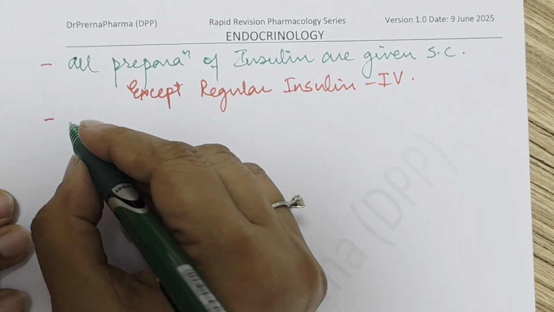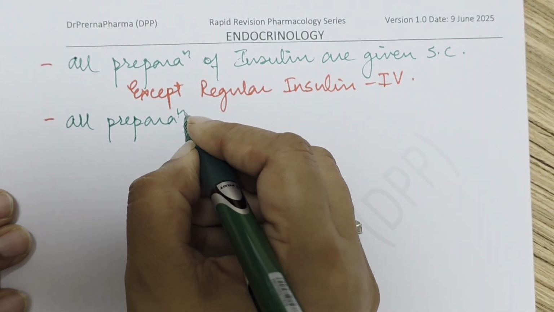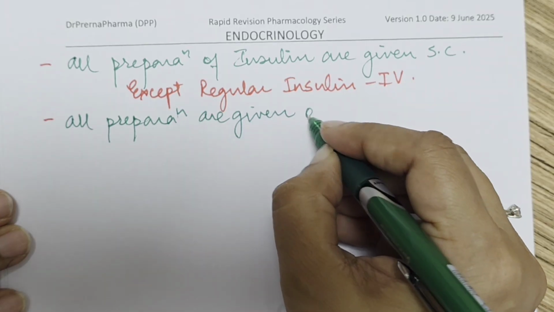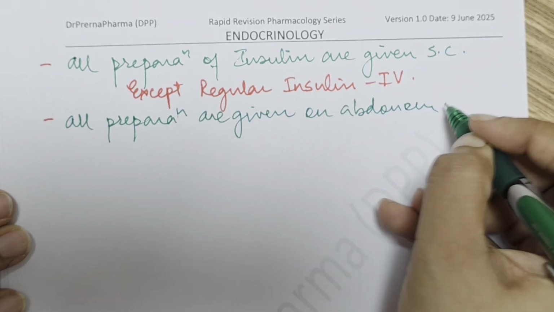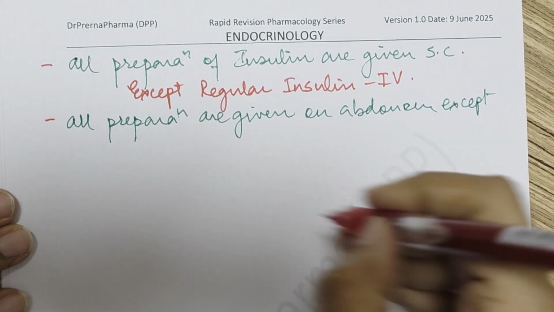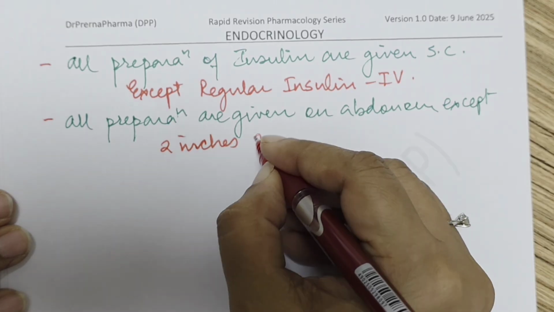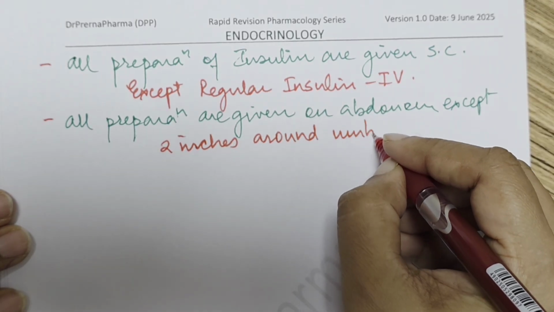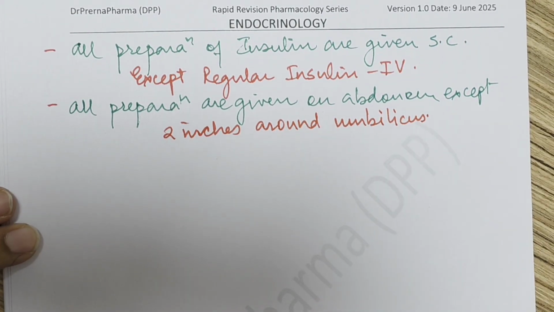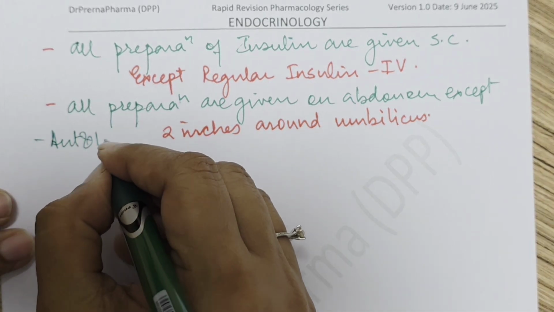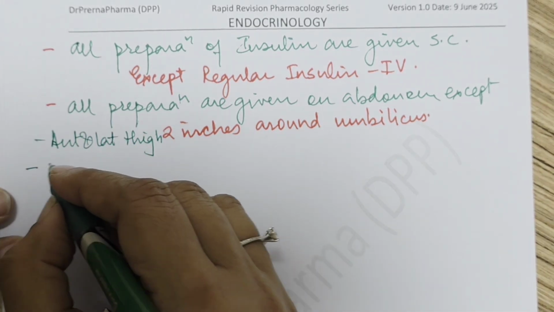Then all preparations are given on the abdomen except 2 inches around the umbilicus. Apart from that, they are also given on the anterior and lateral thigh, and on the arm.